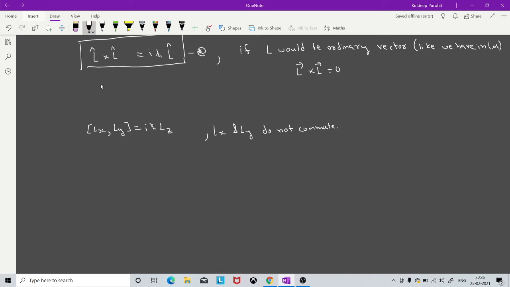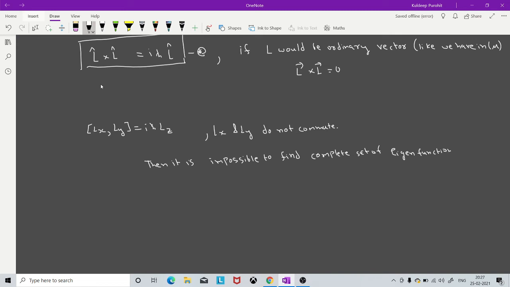And if Lx and Ly are not commuting, then it is impossible to find a complete set of eigenfunctions. This is a basic theorem of quantum mechanics that for non-commuting operators, it is impossible to find the complete set of eigenfunctions. It is only possible if two operators commute.